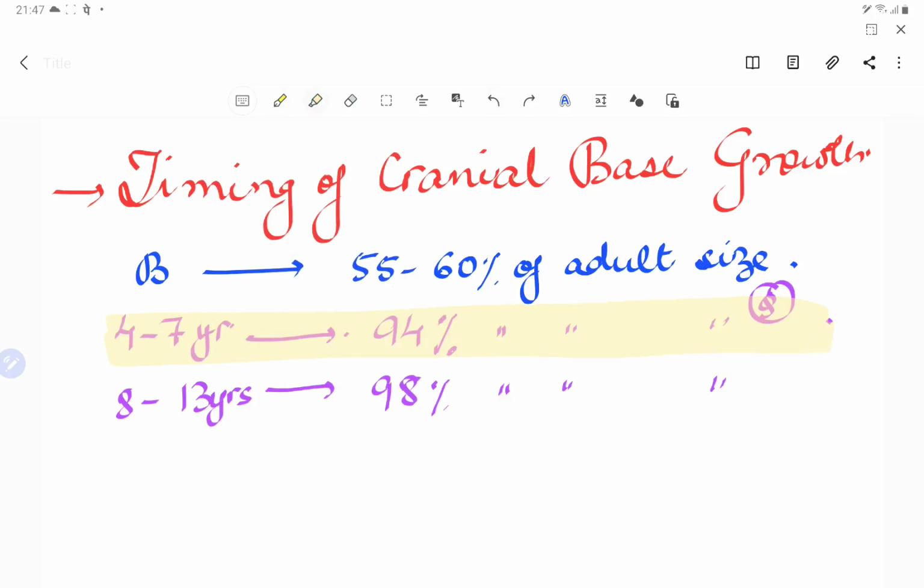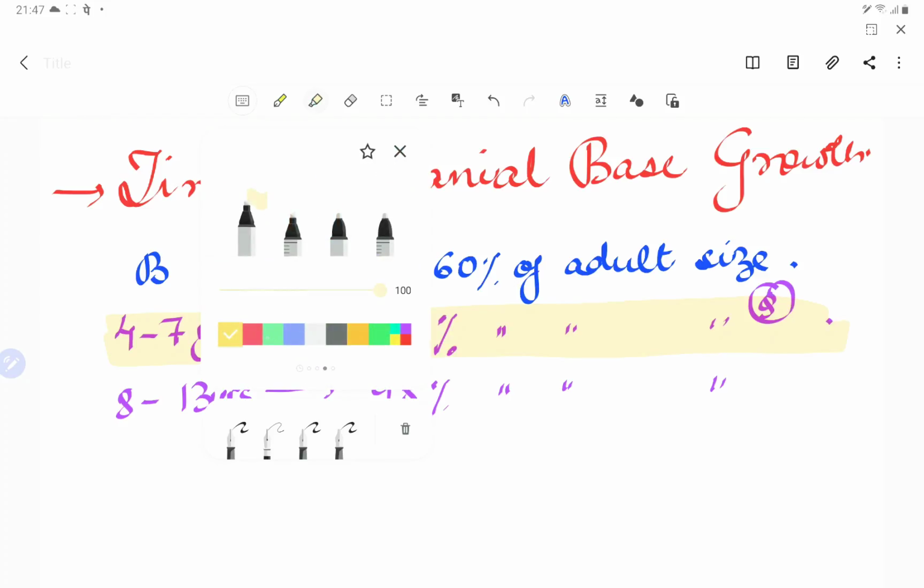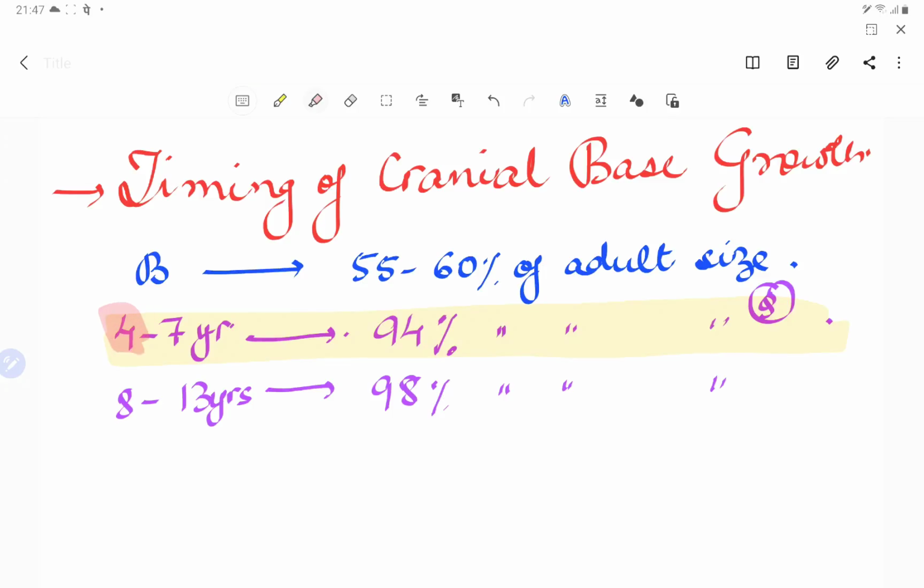So how can you remember it? You can remember it via 4 is there and 4 is here, 8 is here, 8 is here, right? So 4 to 7 years is 94 and 8 years is 98. You can remember it this way.